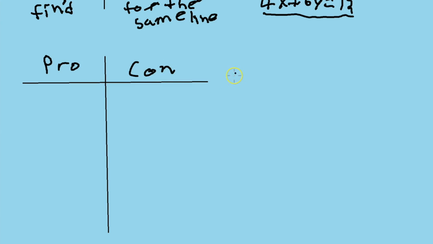Point slope form looks like this: y minus y1 equals m times x minus x1. With point slope, it gives us the coordinates of one of the 2 points, and it also provides us with a slope at first glance.